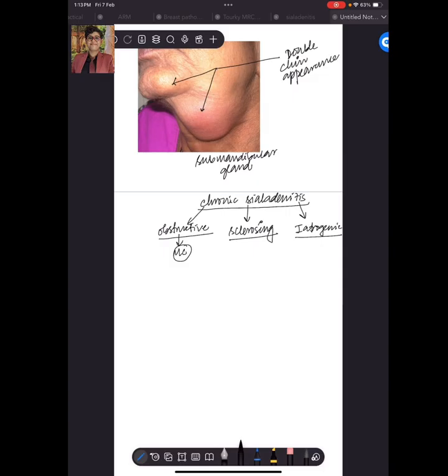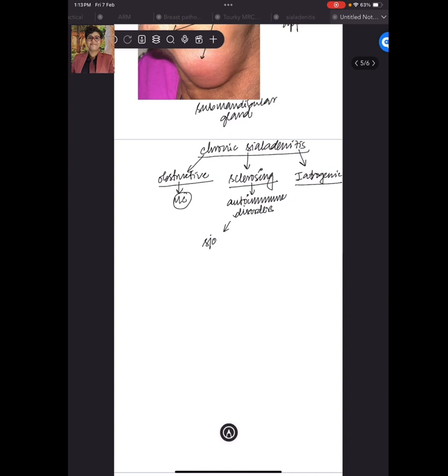Now sclerosing. Sclerosing is mainly due to autoimmune disorders, mainly two diseases. One is Sjogren syndrome. Another one is IgG4 related disorder.